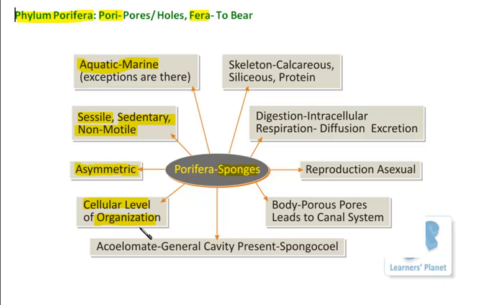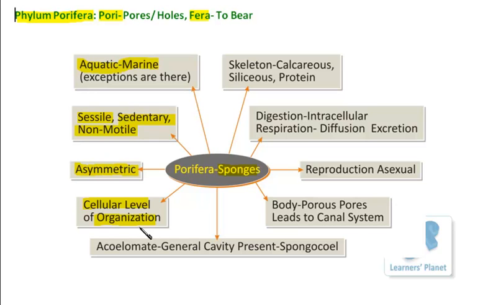If we observe different types of sponges, then you can say it is minimized. There is a minimum level of tissue formation. So these organisms show the cellular grade of organization. Why am I saying this here? The reason is no tissue, no organ, and nothing. Simply the cellular level is there.